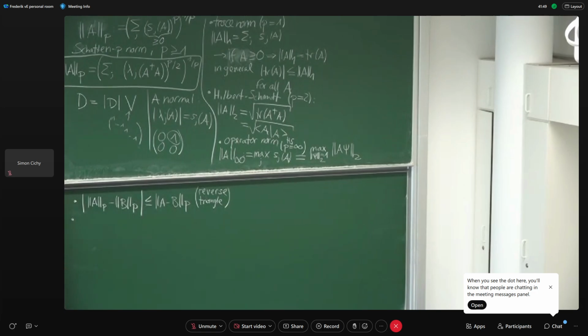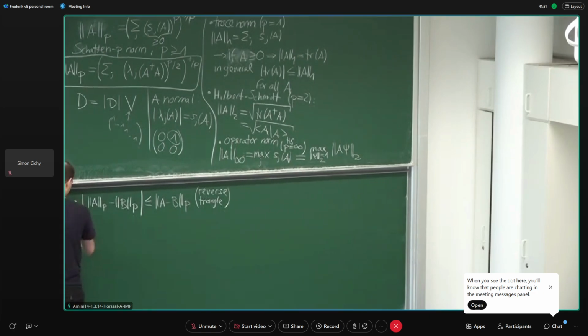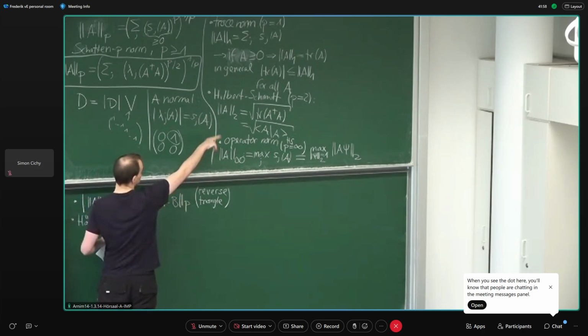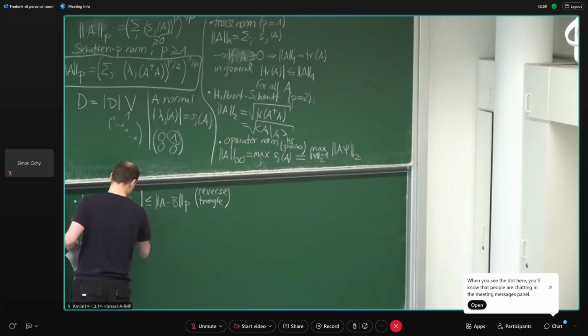Okay, what is special about the p norms is that they satisfy Hölder's inequality. And this will be the basis to relate these norms to each other.